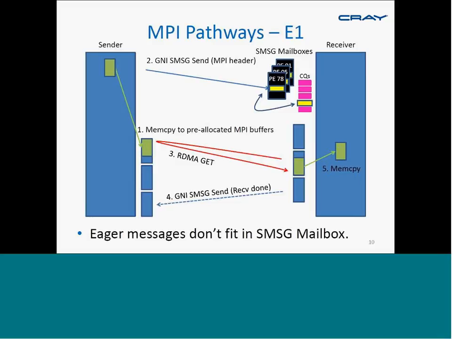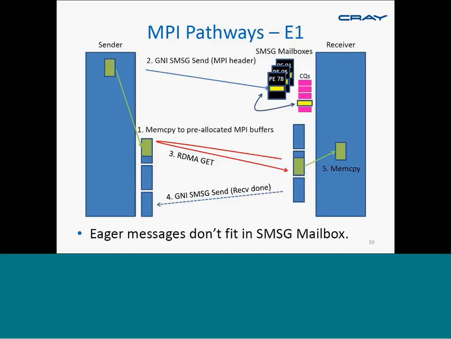And the receiver, in step 3, you see in red, can issue an RDMA get operation, get that data from the sender, and place it in the local MPI buffer. It can respond to say the receive is done, so the sender knows that the data has been received. And the last step is the receiver can copy out of this local buffer into the receiver's address space, and the sender can free its buffer.